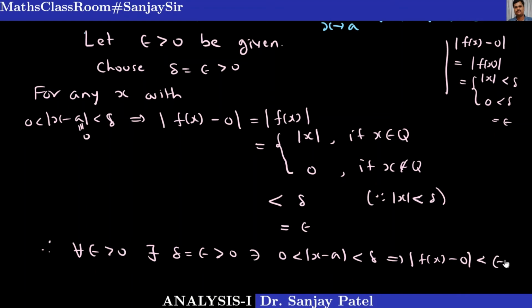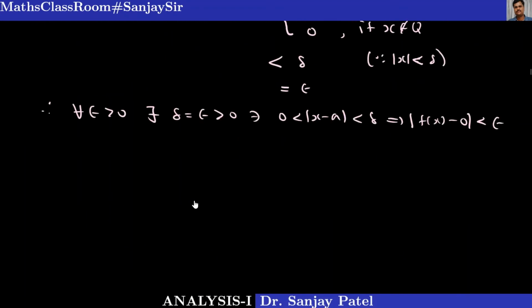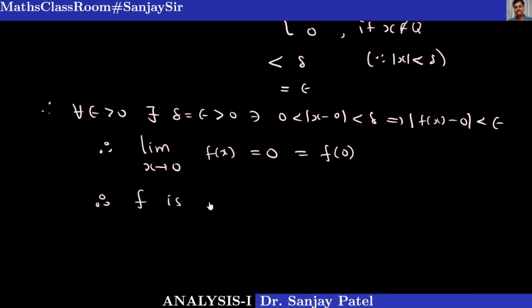This is proved, and it means the limit of the function at the point 0. I should write 0 here instead of a, because I am taking the point 0. So what is proved is the limit as x tends to 0 of f(x) is equal to 0, but it is the same as f(0). So therefore, the final conclusion is f is continuous at the point 0.